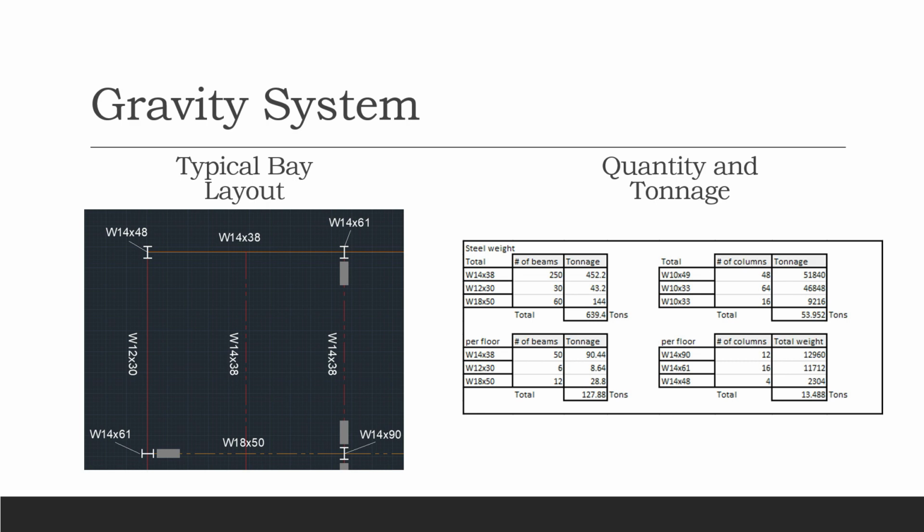This will ensure that all loadings on each column can be met as well. Same process goes for the beams on each floor. We can see a typical bay layout as shown on screen, and then also the quantity and tonnage.